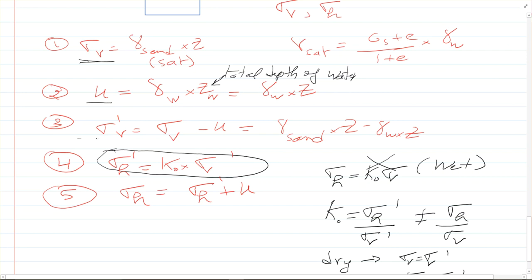Then we find the effective vertical stress, which is the total vertical stress minus the pore water pressure. Then the effective horizontal stress, which is K naught times the effective vertical stress. Then we have the total horizontal stress equal to effective plus the pore water pressure.